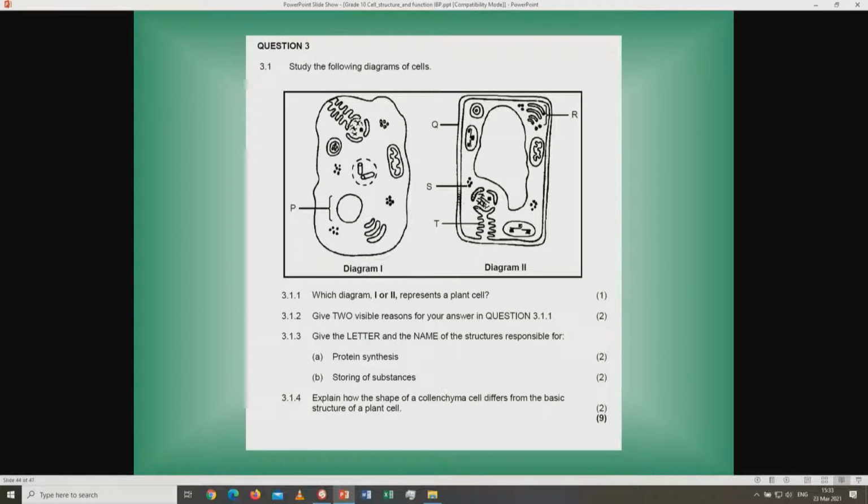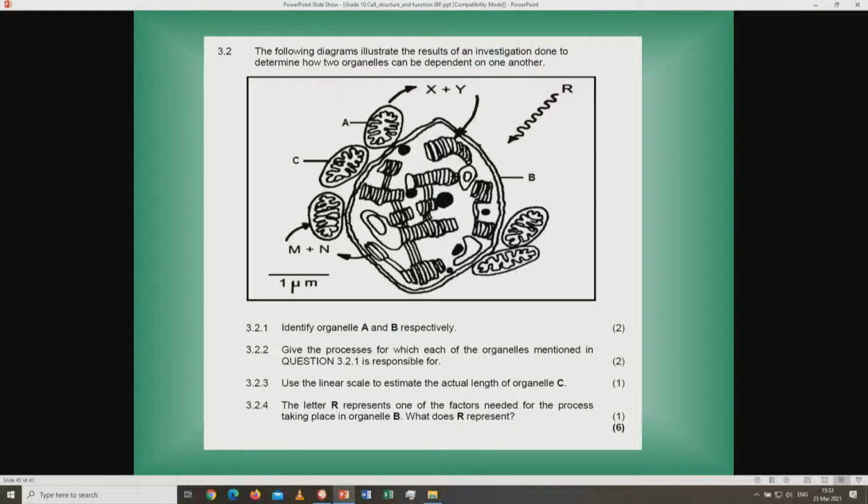Then I have another question which followed on this one. Question 3.2 said, the following diagrams illustrate the result of an investigation done to determine how two organelles can be dependent on one another.